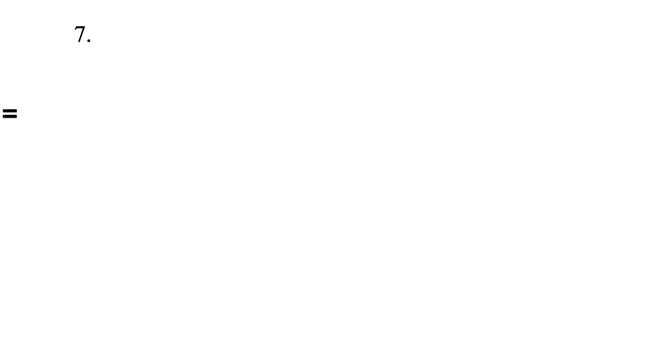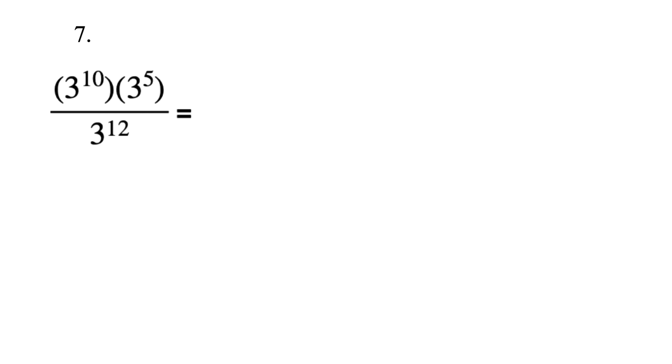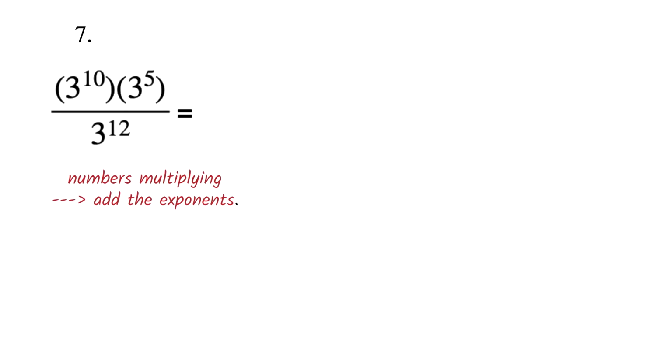Question 7. We are supposed to calculate 3 exponent 10 times 3 exponent 5 all over 3 exponent 12 without using a calculator. If you have two numbers multiplying and the bases are the same, you can just add the exponents. Example, let's look at 2 exponent 3 times 2 exponent 4.